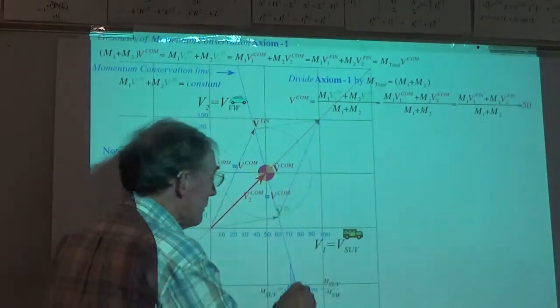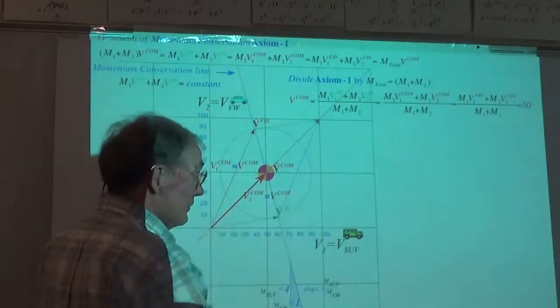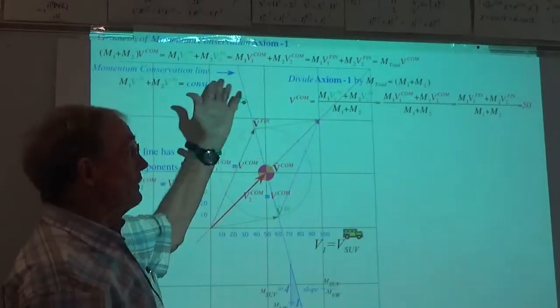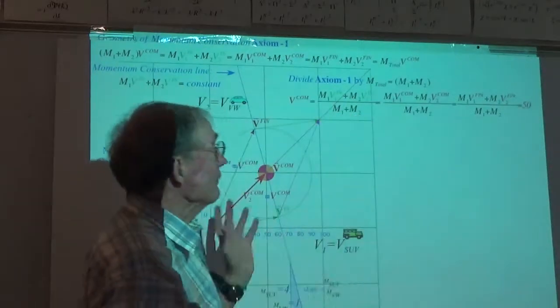Or pick any point on this line here and put it in and take the weighted average. You're always going to get VCOM, which is 50. So the number 50 is equal to all 3 of these things.